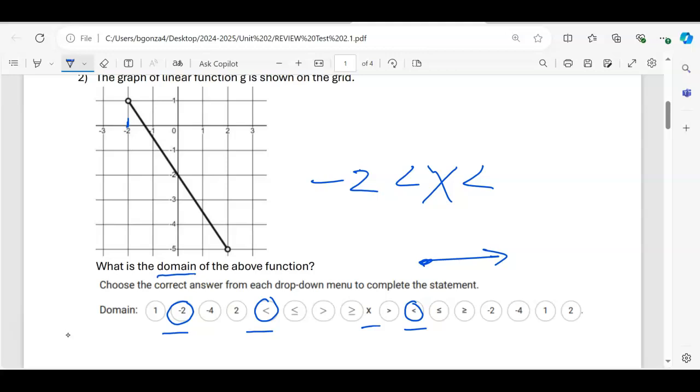And then on the far right, we have 2. So if you had it on a computer, you could select -2, less than, X, less than 2. And again, there's no underlines because there is no shaded in circle. Cool?